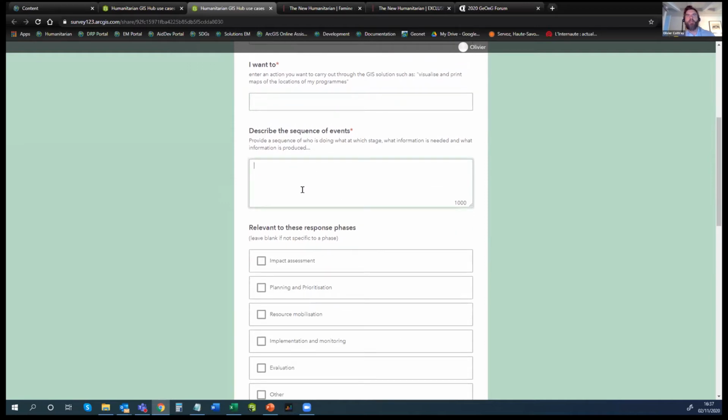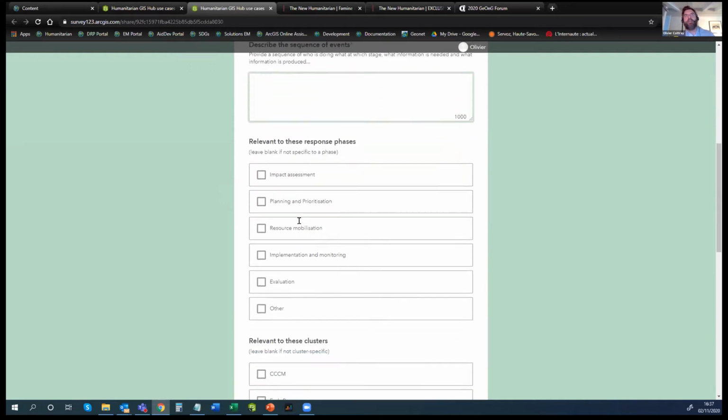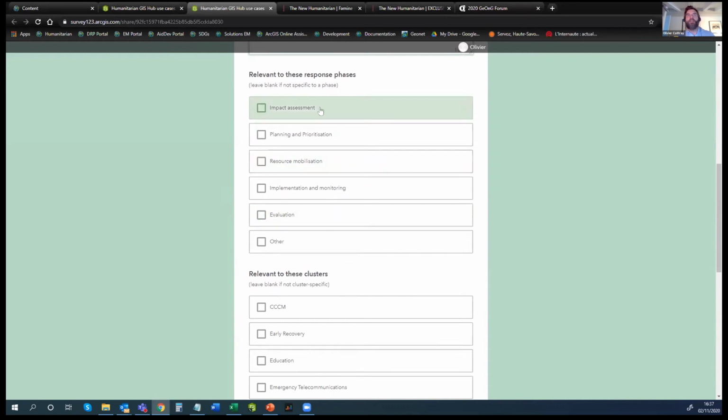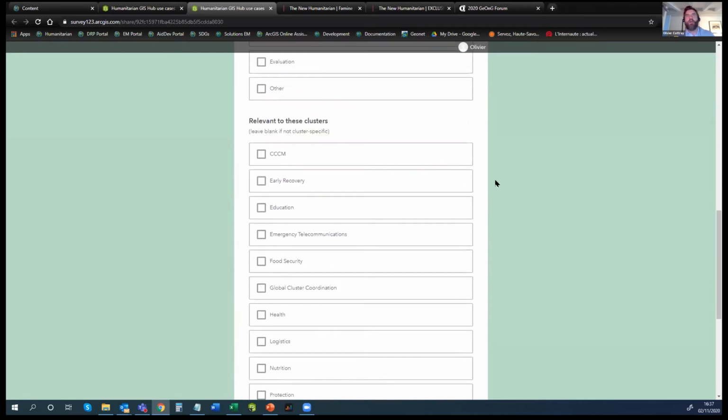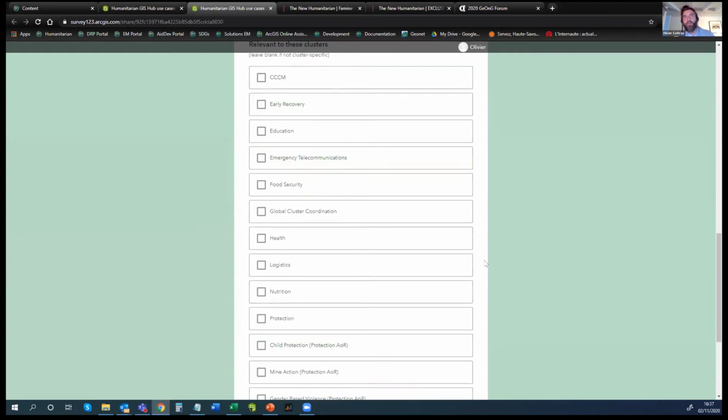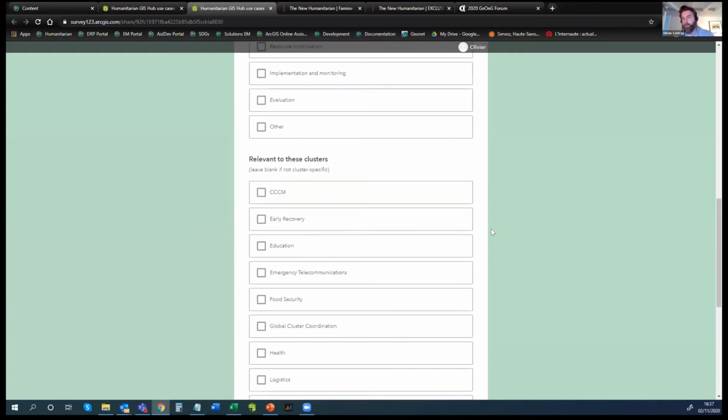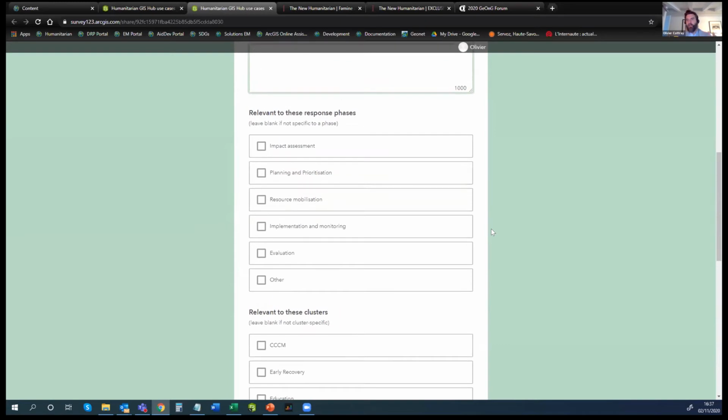The list of events and actions, and then, if relevant, is this relevant to a specific phase? Maybe it's not. Maybe it's just generally relevant, or maybe you want us to allocate it to a specific phase. And is it relevant to a specific cluster? Again, maybe it's not cluster specific, but it allows us to start making a start with the tagging.